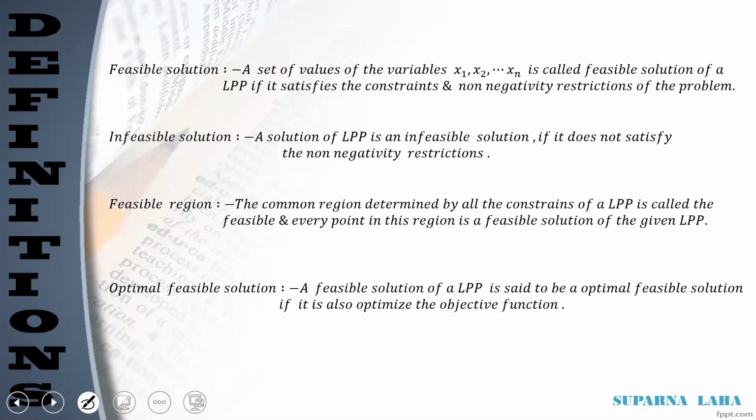Any of the solutions, if it maximizes or minimizes the objective function, then we will call this solution an optimal solution. So these are some definitions: feasible, infeasible, feasible region, and optimal feasible solution.